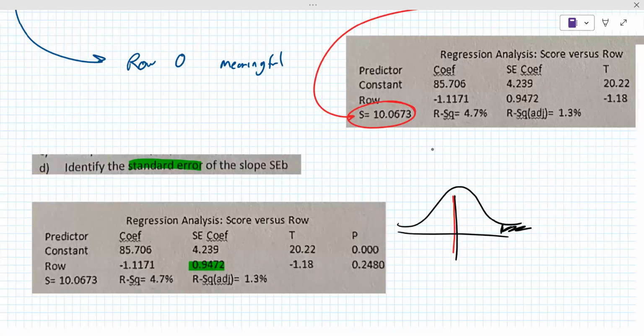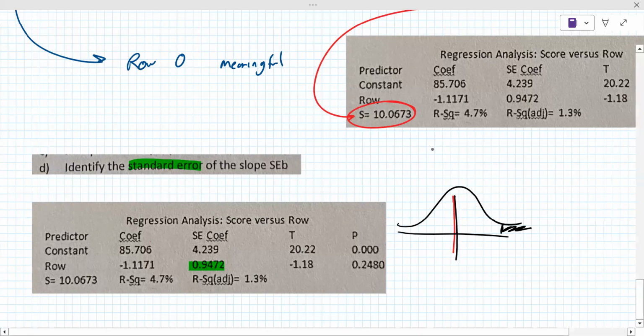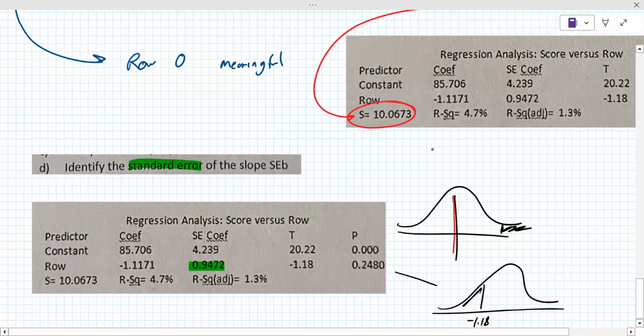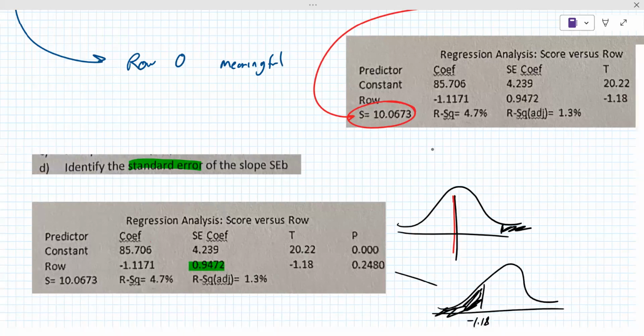It's two-tailed typically, so that's why in the second one, because it's minus 1.18, it's about there. I believe it's two-tailed, but I have to double check that to be sure.